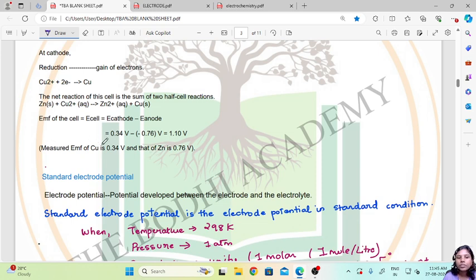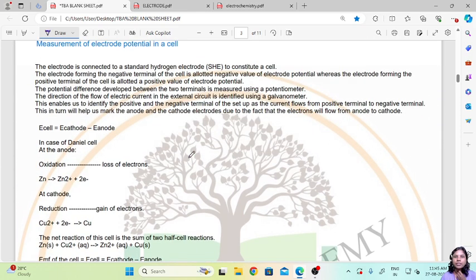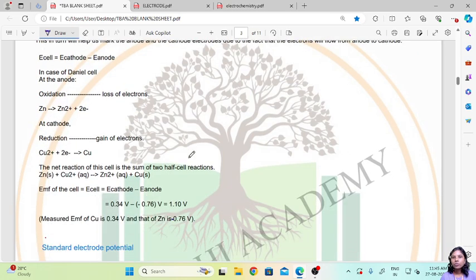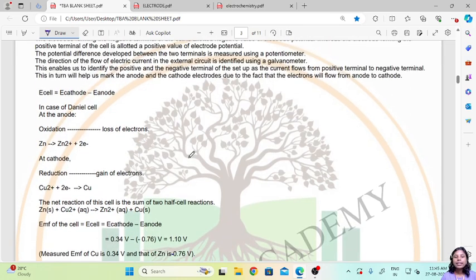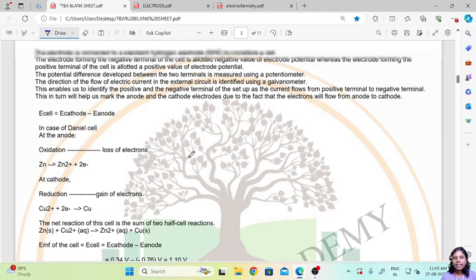Measured EMF of copper is 0.34, and of zinc it is minus 0.76 volt. So therefore 0.34 minus minus 0.76 volt, so you have to add them together and you get the EMF of the cell, that is 1.10 volt. Similarly, if any cell is given to us, knowing the EMF values of the individual metals, we can find the E cell or EMF of the cell that is given.